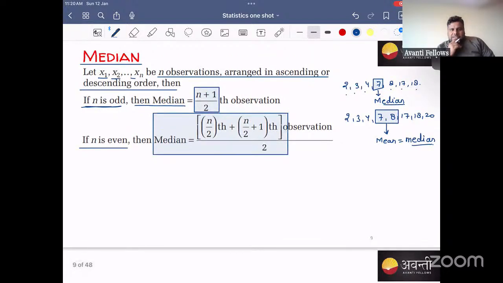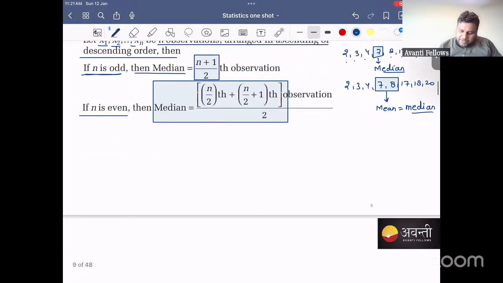So if n is even, exactly two observations in the middle, the mean of those is the median. Getting my point?